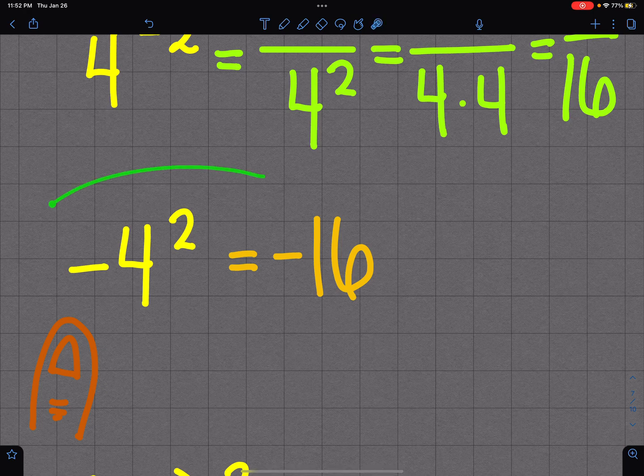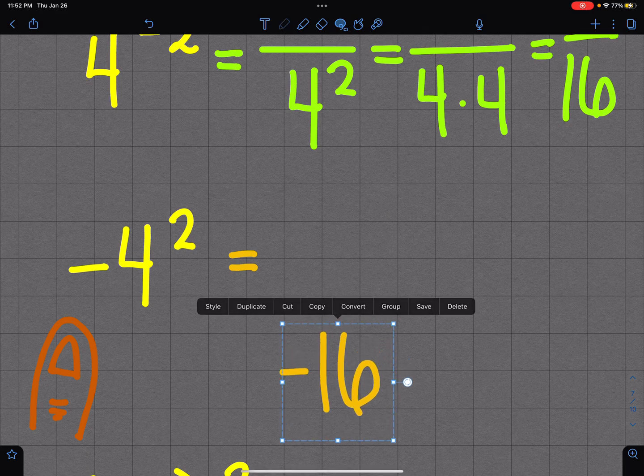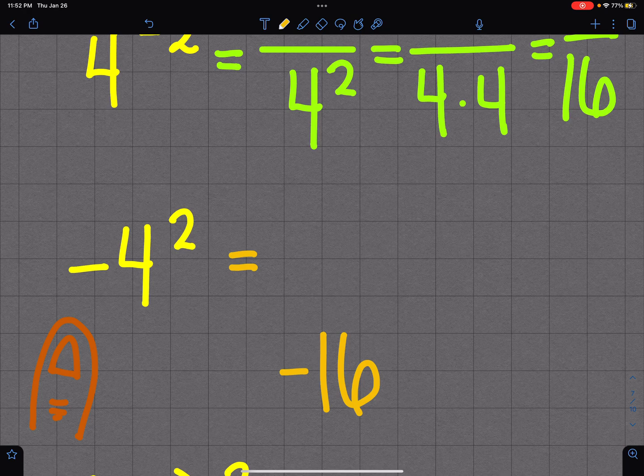So this is a true statement. Negative 4 raised to the 2 power is negative 16. And that makes sense to me because negative 4 raised to the 2 power means the opposite of 4 times 4.